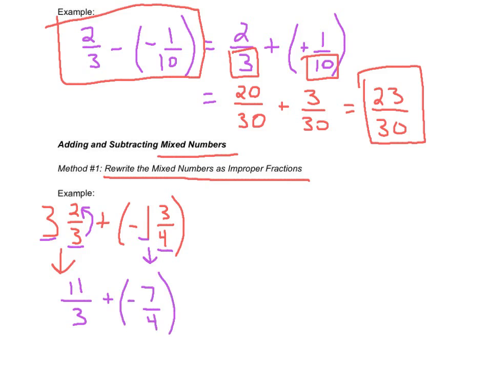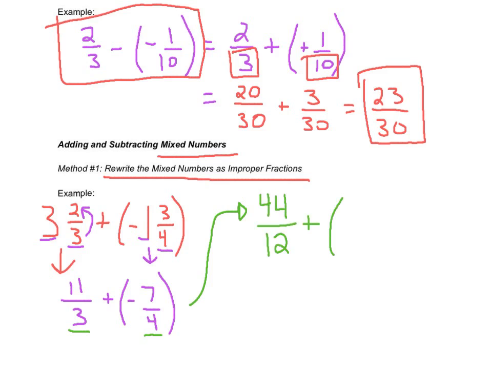Now, can we add them? Well, not quite, because we don't have a common denominator, so we need to come up with a common denominator between each of these. A common denominator between 3 and 4 is 12. So to get that, we're going to write them as common ones. 11 over 3 is the same as 44 over 12.